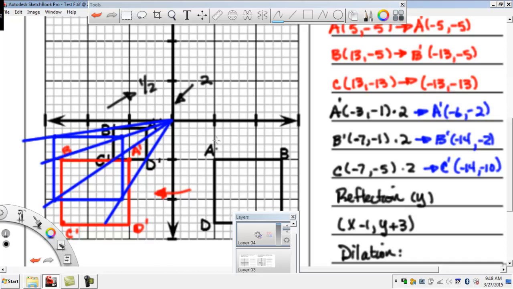Now you may ask yourself, well, do I put 2 down or do I put 1/2 down? We're going forwards on this one, aren't we? So I'm starting here, and that dilation is moving this way, so it's 1/2. When I went backwards, it was 2. So the dilation is 1/2.